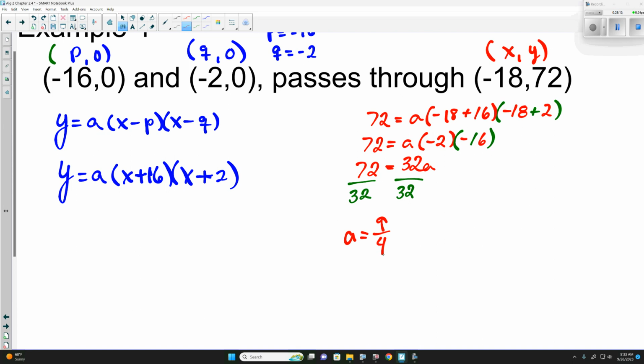It would have just taken a few steps because we could have divided by 2 first, which would have been 36 over 16, and 36 over 16 again would have been 18 over 8, and then one more time would have got it there. Last thing we got to do is plug it back in for a.